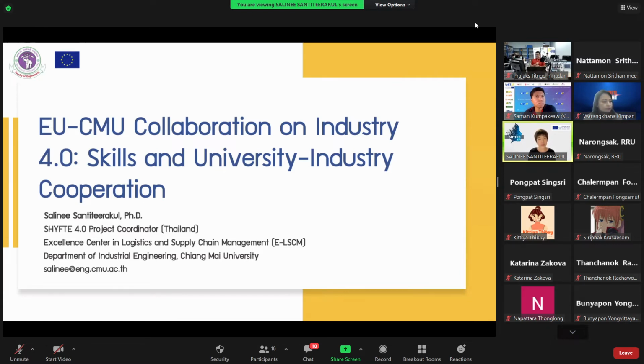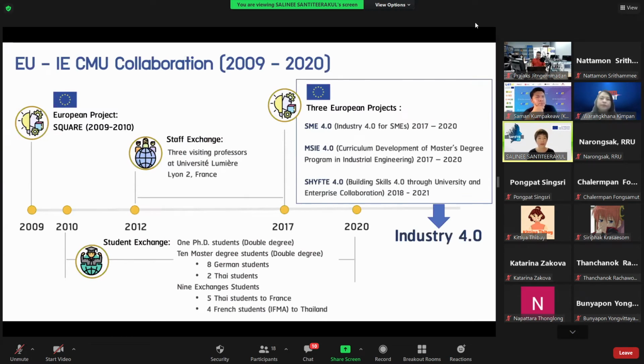Today I would like to share the EU and Chiang Mai University collaboration, because we work on 3 Erasmus projects on Industry 4.0. I would like to start with the timeline of our collaboration with the EU universities.